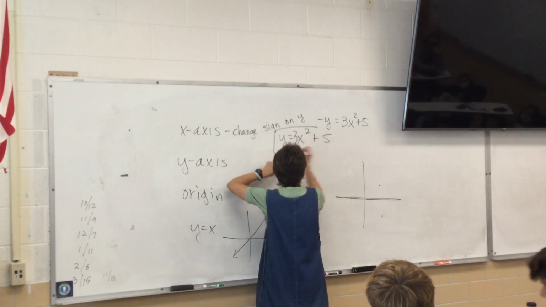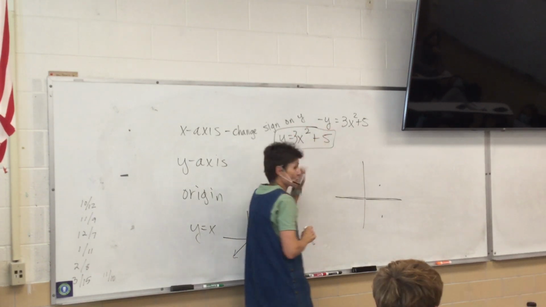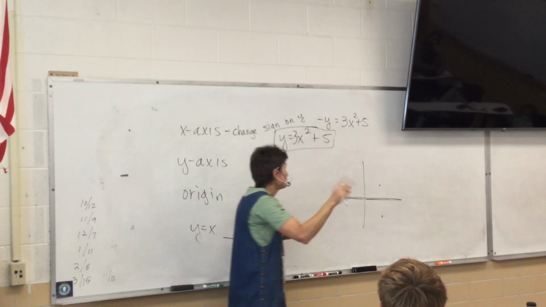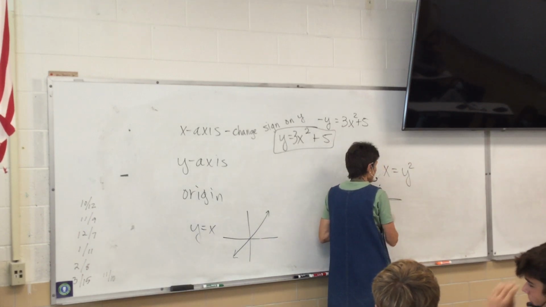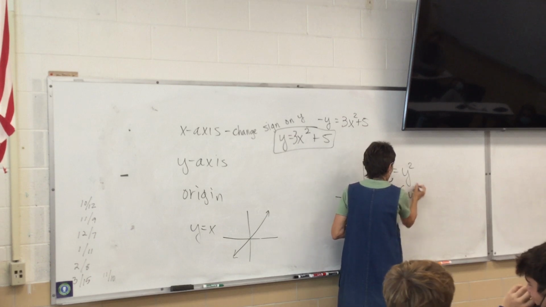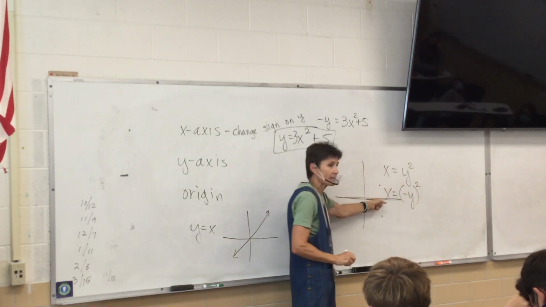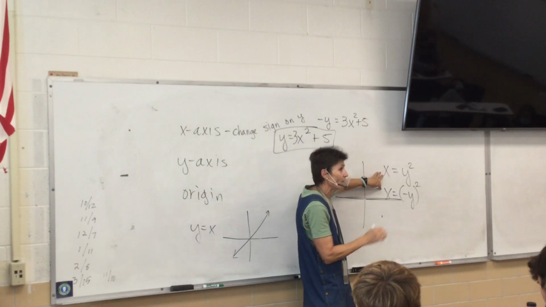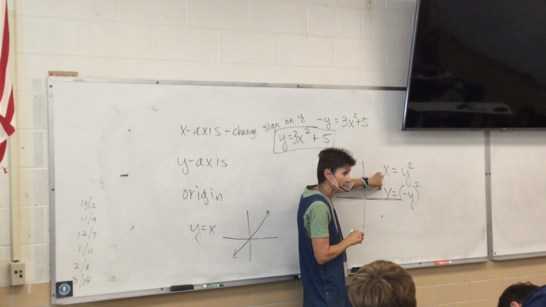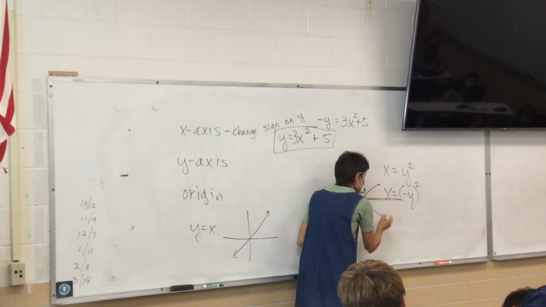This is my original. Does that match this? No. Look, if my equation had been this, do these match? Are those the same equation? Yes. So this is an example of one that has symmetry. Its picture looks like this.